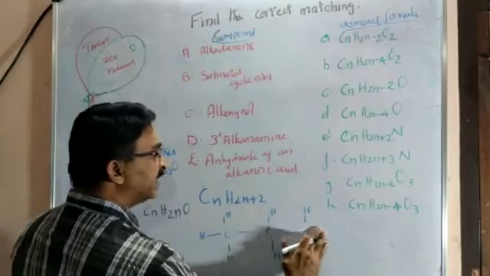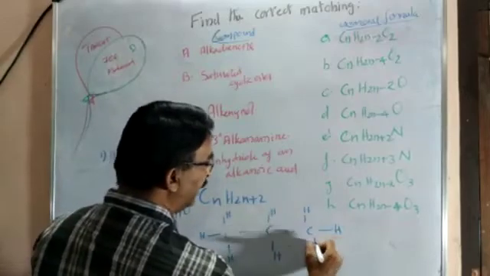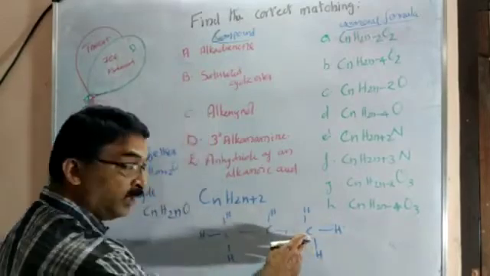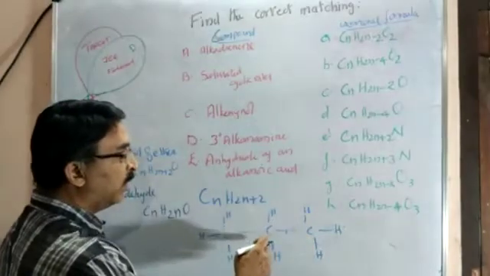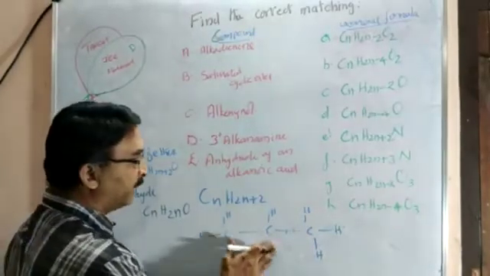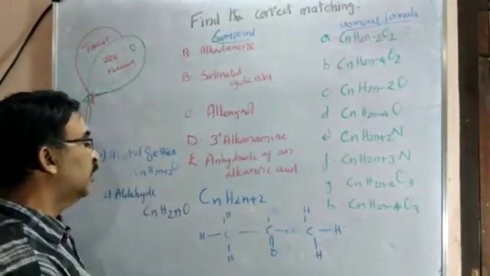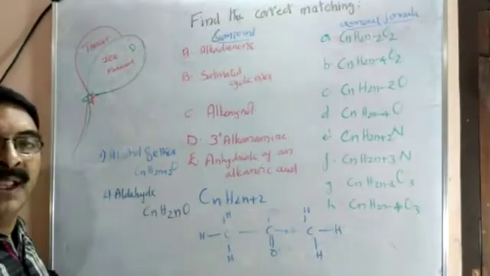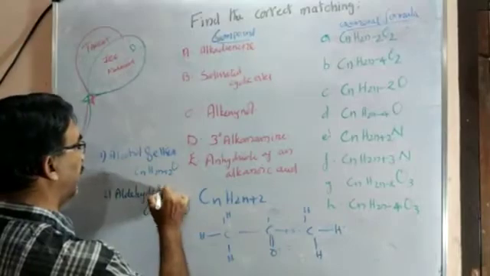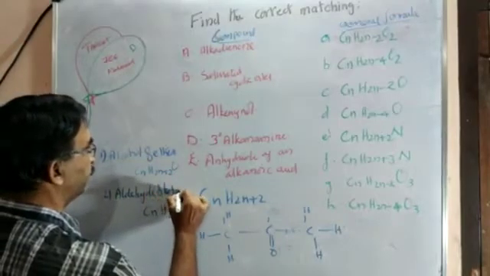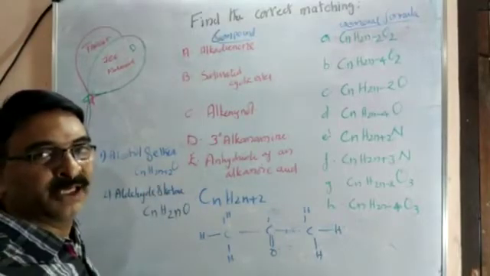If the same replacement is done on any non-terminal carbon instead of a terminal carbon, you have a ketone. So aldehyde and ketone have the same general formula, CnH2nO.